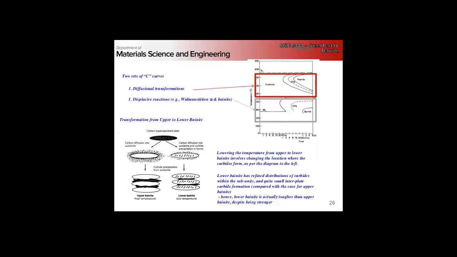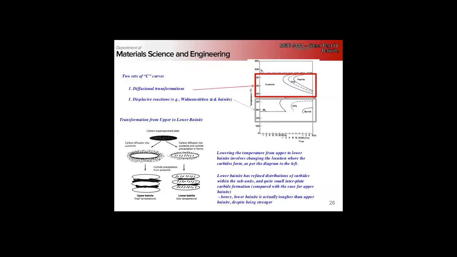And again, there's a lot that we don't understand yet, but we can basically think about it as going from a regime where we diffuse all the carbon out to a regime where we're now also nucleating a fine distribution of carbides within the bainite structure. Okay, so this leads to something interesting.